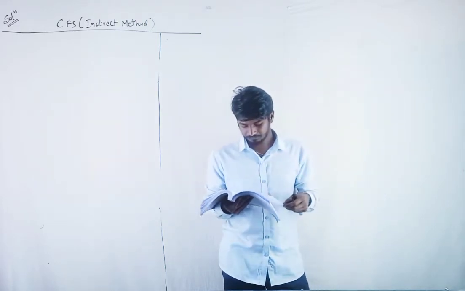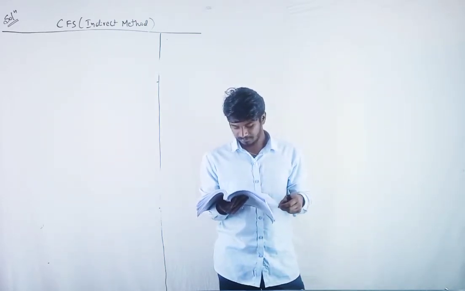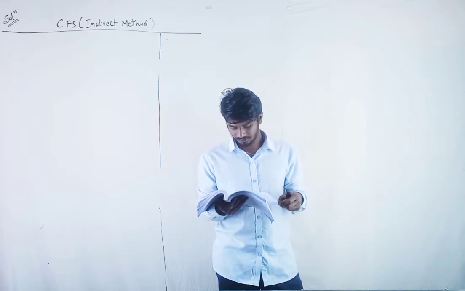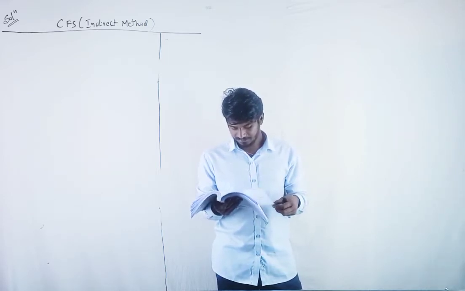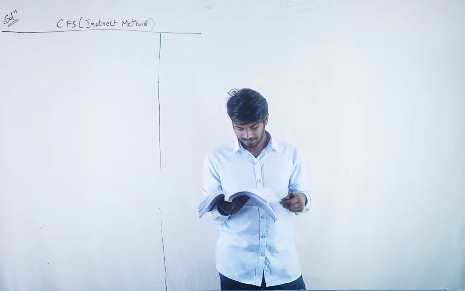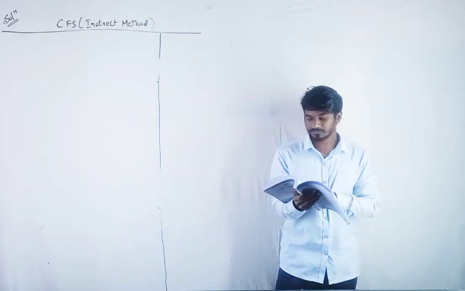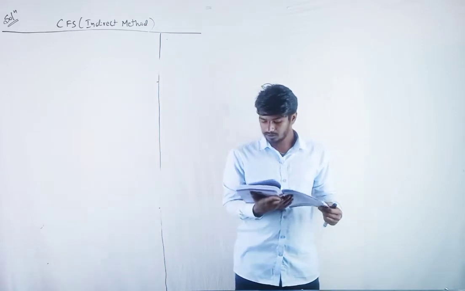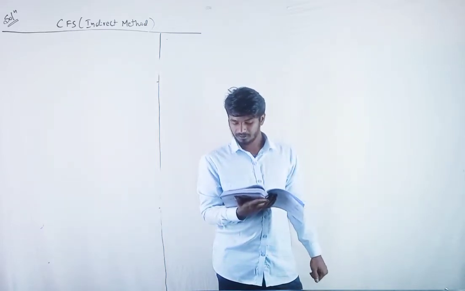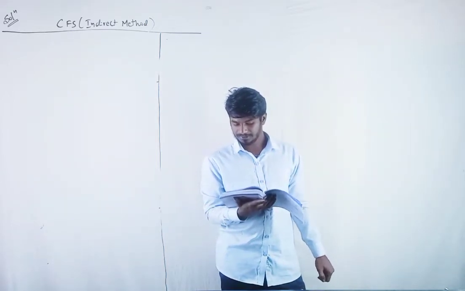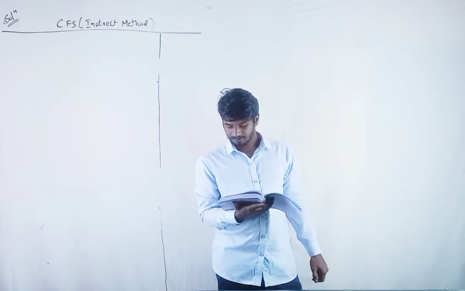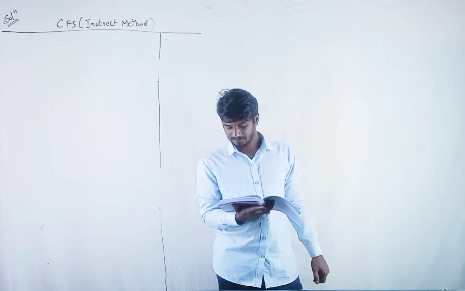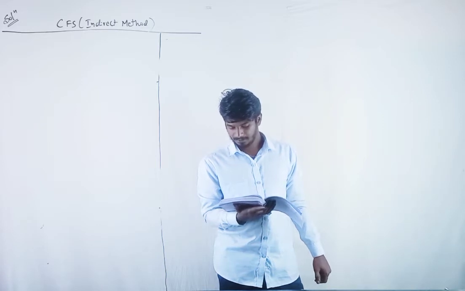Fine. Long term borrowings, trade payable, other current liabilities, short term provisions, tangible assets, intangible, inventories, trade receivable, cash and cash equivalent. Fine. Notes to accounts: dividend, provision for taxation, equipment, furniture, tangible asset, patent, cash. Okay.